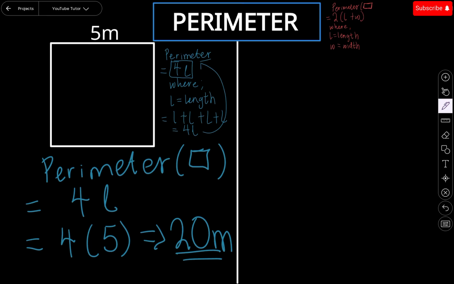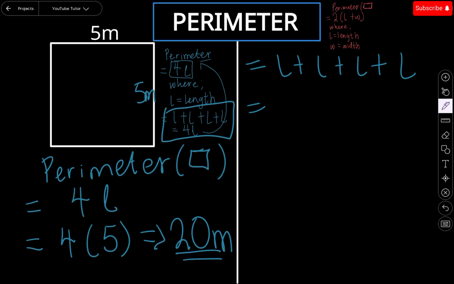Now, we will move on using the other method. If you don't want to use the 4L, you can use the L plus L plus L plus L method. Now, 5 meters goes for everywhere. So far as they give you one side, you know that a square should have 5 throughout.